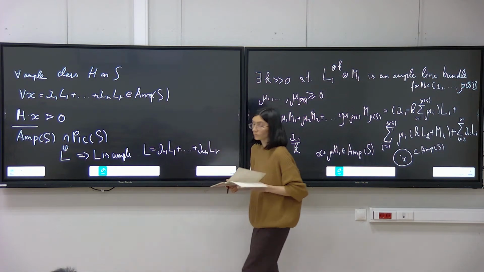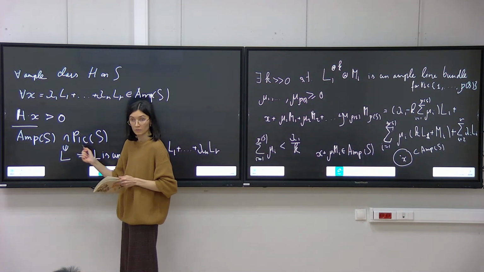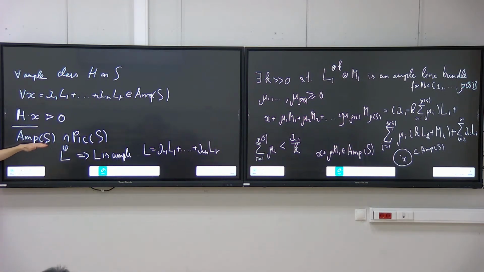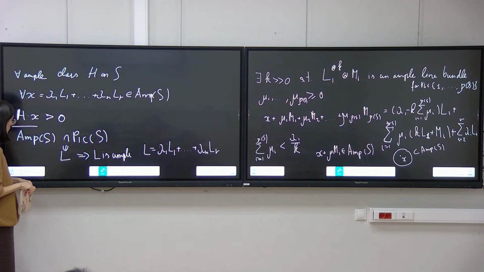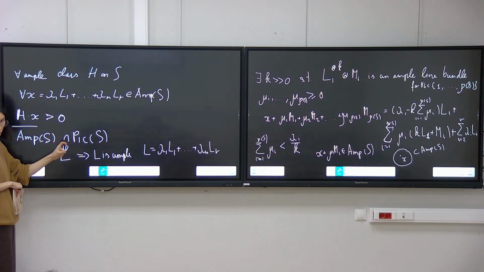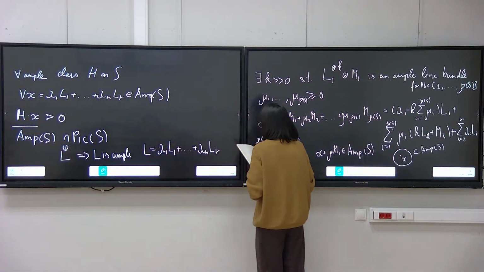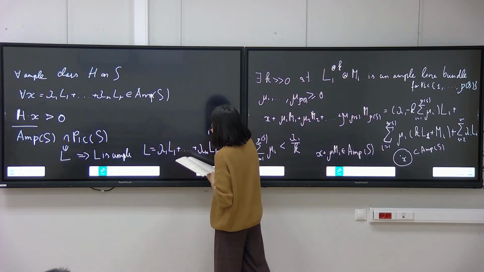I don't understand the second Picard. Picard group of S. Does an ample line bundle belong to the Picard group automatically, or what do you mean? No. So this is a cone over real numbers. Ah, a cone over real numbers, yes. And there is an intersection. Of course, all ample line bundles live in this intersection, but we want to prove the opposite statement, that if we have an element here, then this corresponds to an ample line bundle.